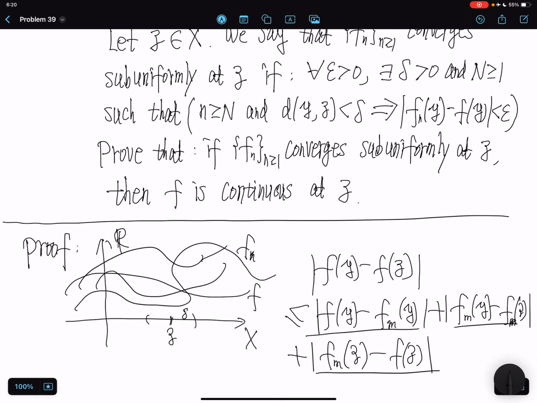So by the triangle inequality, now we can estimate each term. The goal is to make these as small as possible, less than any given epsilon, right?